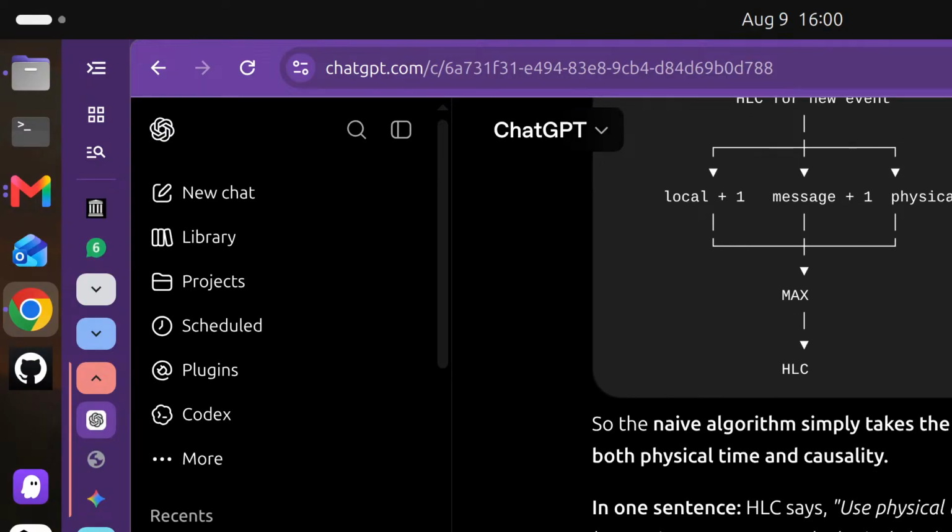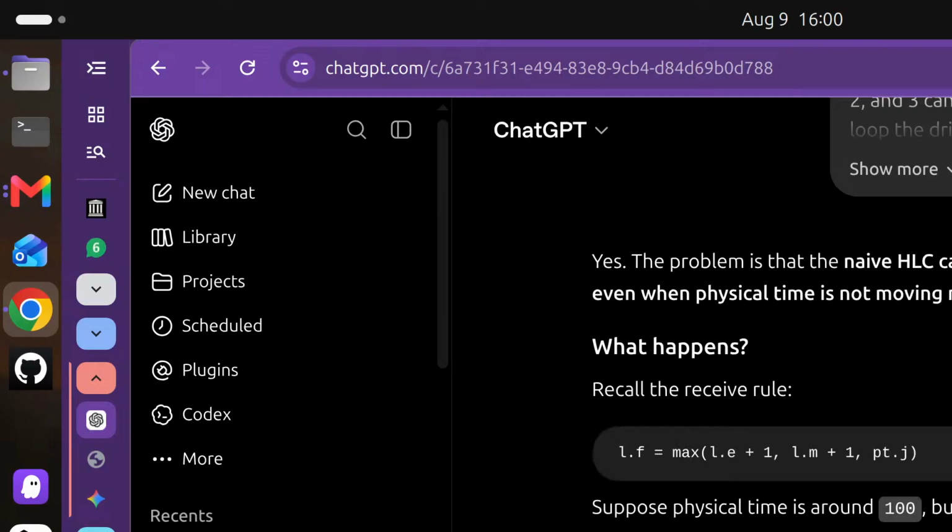Understand this part, then move forward. Yes, the problem is that the naive HLC can keep growing, moving forward because of messages, even if physical time is not moving much.